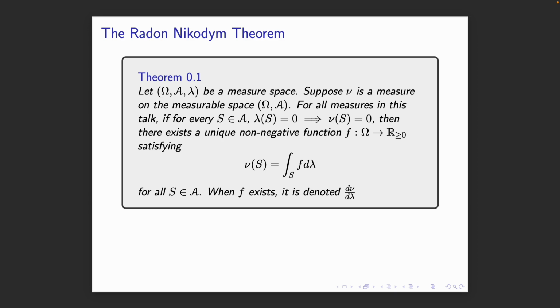In this case, there's a unique non-negative function f from omega to the real numbers greater or equal to 0, such that the measure with respect to nu of the set S is the integral over S of f with respect to lambda. We call f the density of nu with respect to lambda. It's also called the Radon-Nikodym derivative, and it's denoted d nu d lambda.